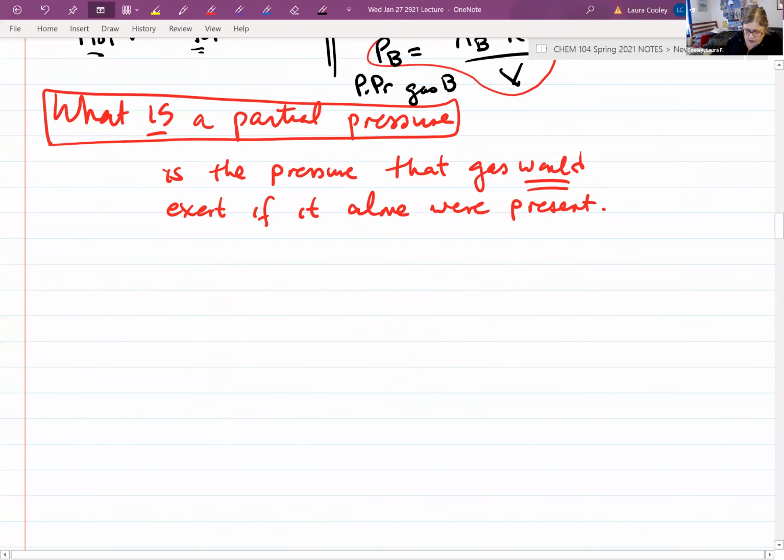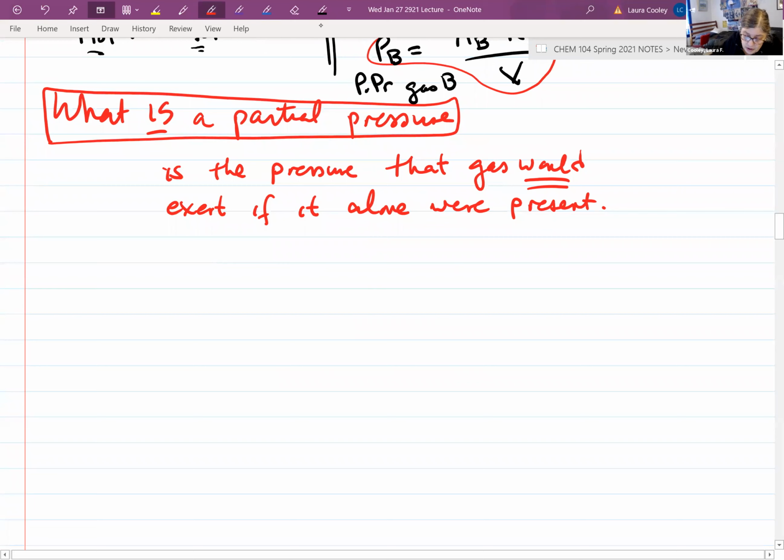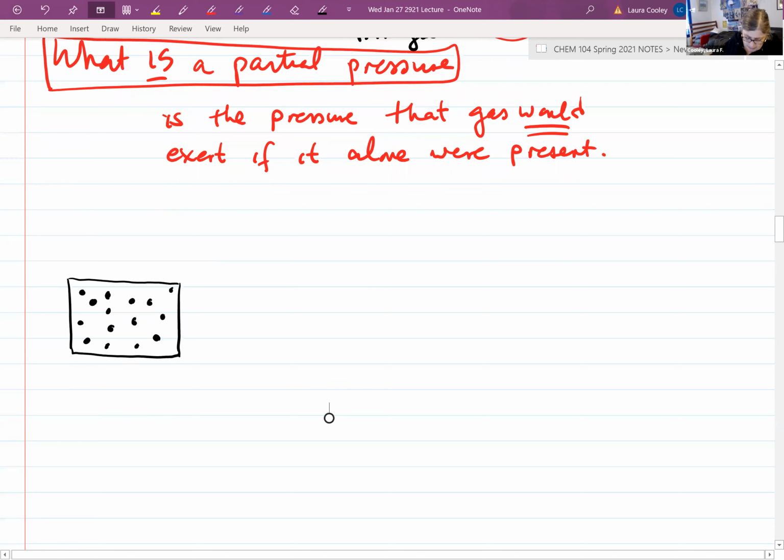So you can draw a silly, cartoonish kind of picture of this. You have a volume, and suppose I have a bunch of gas B. I'm going to draw 15 dots, big blobs of gas molecules, which is really pretty inaccurate.